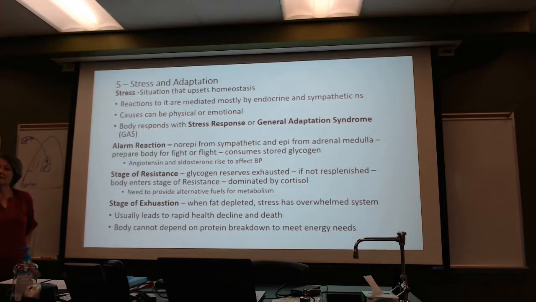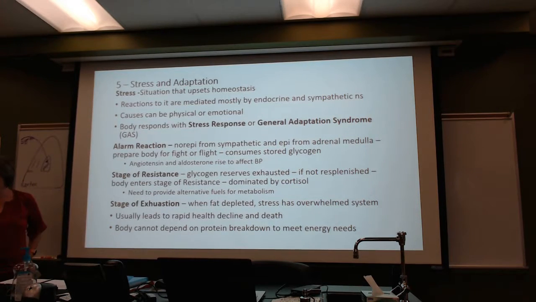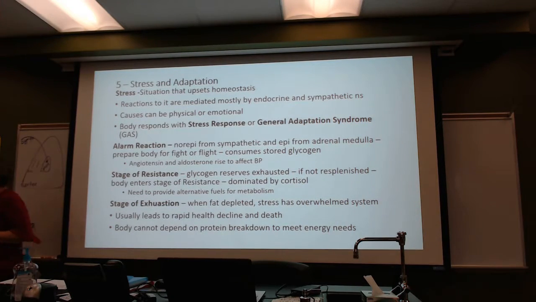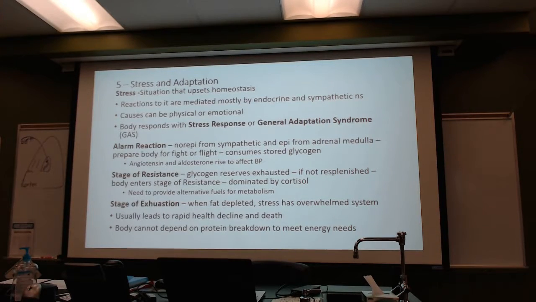Now remember, this preparation for fight or flight uses alternative fuels to begin with. But once those are used up, it is going to have to start doing something to get glucose. This is when it begins to become hard, detrimental to the body.